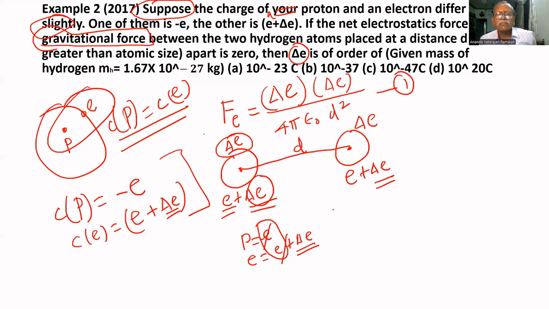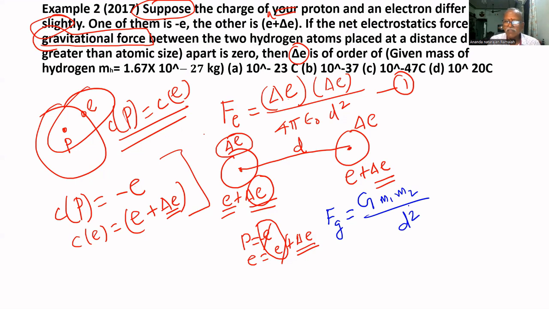If you add the gravitational force and electrostatic force, they become zero. It means they are equal. Therefore, what is the gravitational force? Fg equals G multiplied by M1 M2 divided by d square.